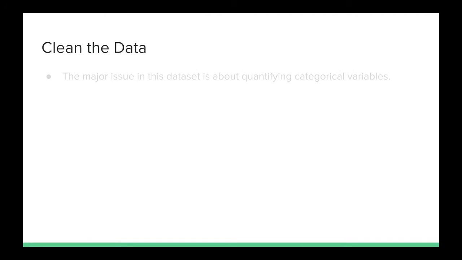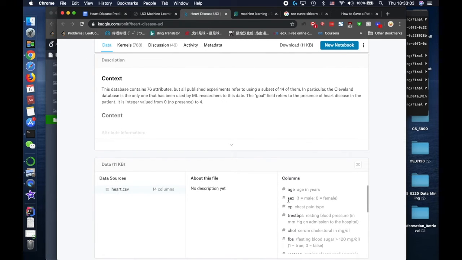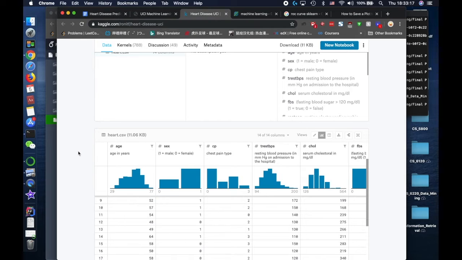In this dataset, a major issue is about quantifying categorical variables. In the original dataset, as shown in Kaggle, there are many features or columns, as we can see here, that are categorical. For example, sex, CP, which is chest pain type, and many others are categorical. But in the dataset, they're represented by a number.